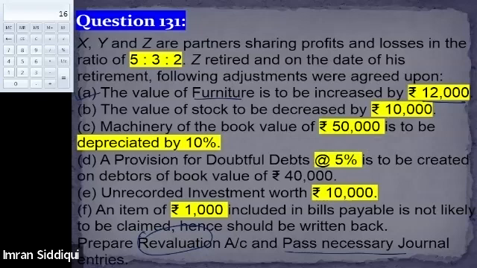Tell me the profits. Divisible profit, 6,000 of total. Sorry? 6,000. 6,000 is profit. Okay.